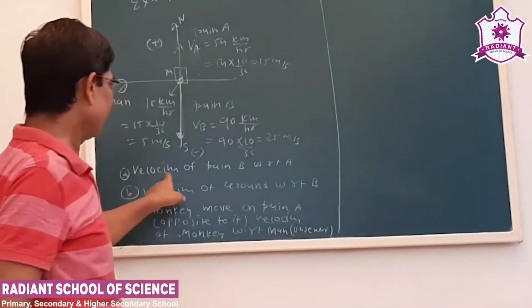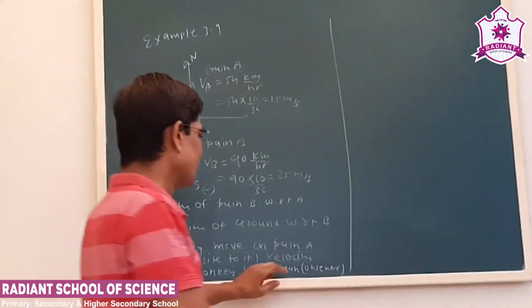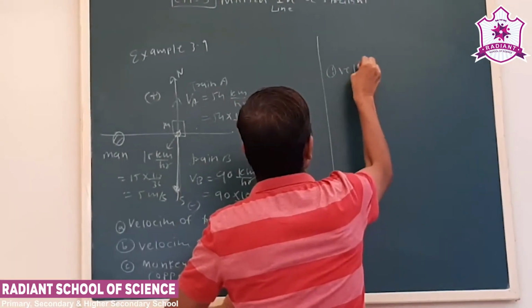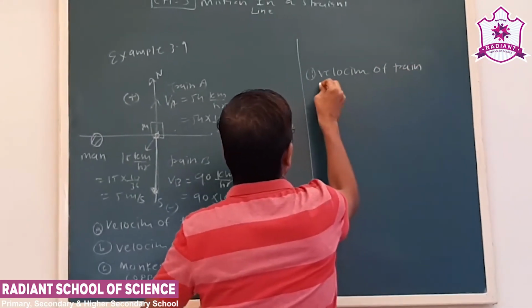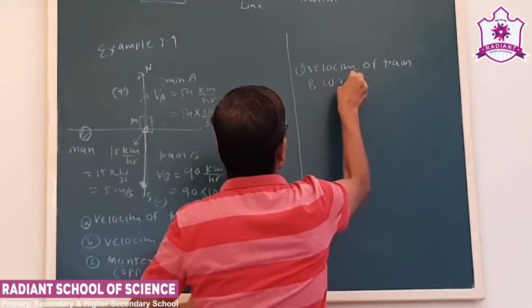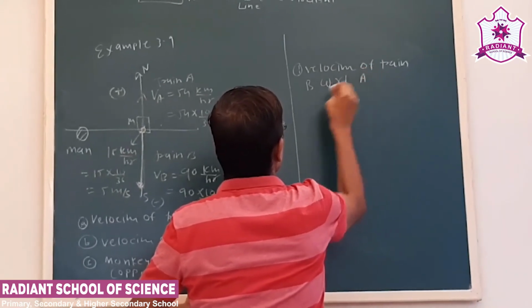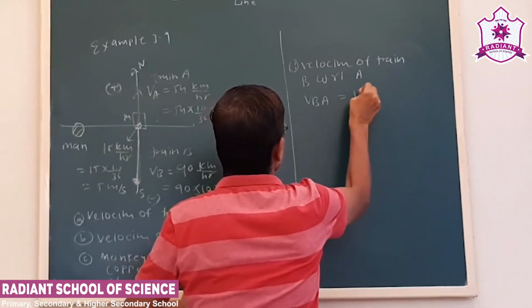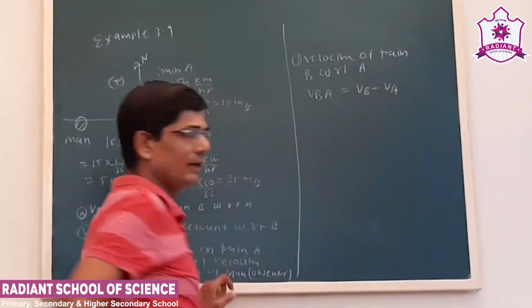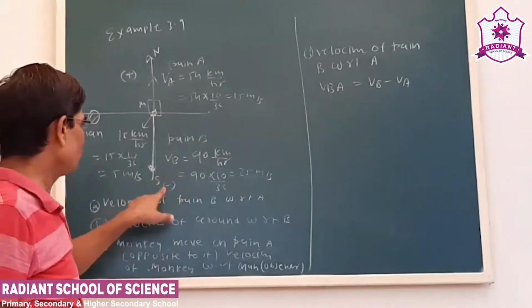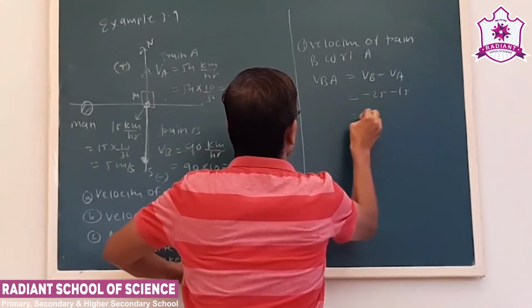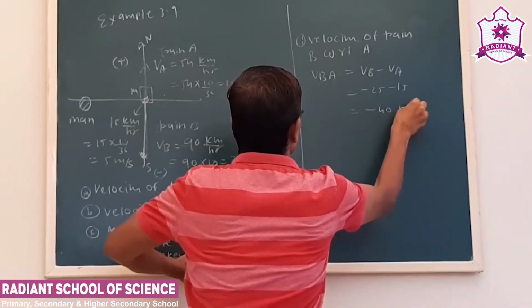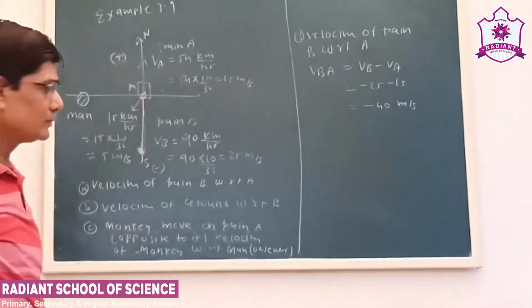Now see here, first we have to find out the velocity of train B with respect to A. Yes, that is VBA. Okay, see by convention VB we have to take negative. That will be our first answer.